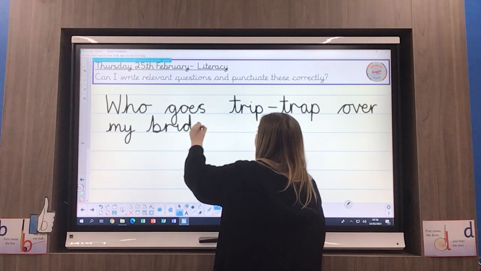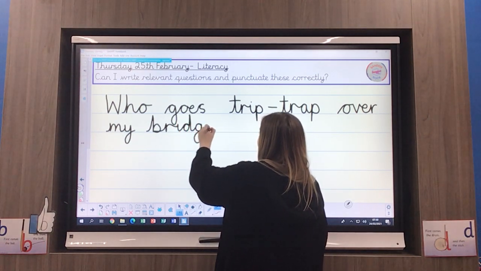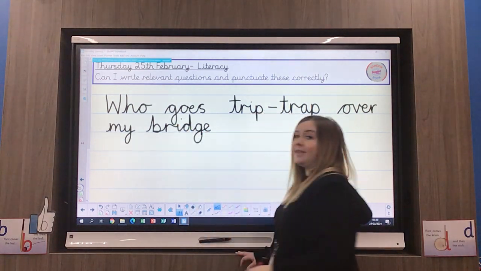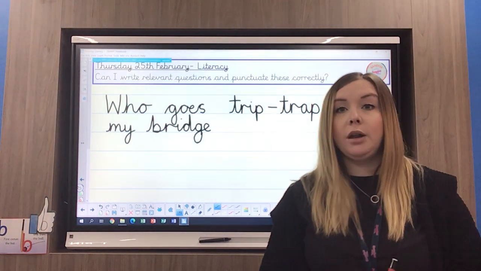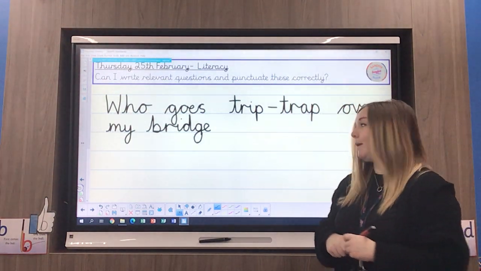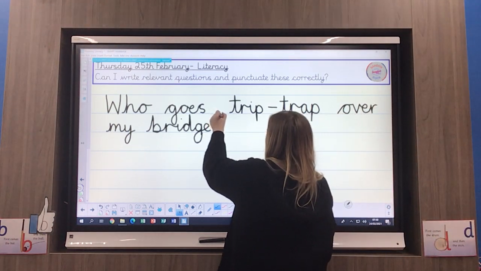Who goes trip-trap over my bridge? And who can remember what needs to go at the end of my question? Because that's our learning question today, is to punctuate our questions correctly. We need a question mark.